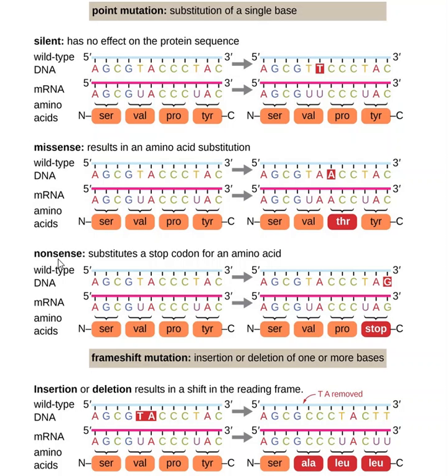A nonsense mutation means that a stop codon is inserted as a result of the point mutation. So we can see in this particular case, the last base is what's being changed from a C to a G. That means the last codon, instead of being UAC, which codes for tyrosine, will now be UAG.